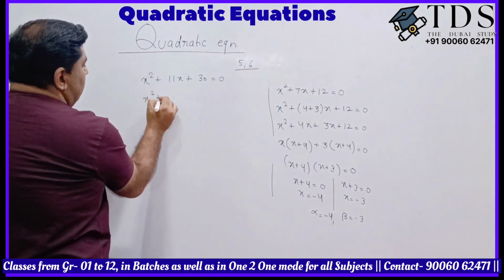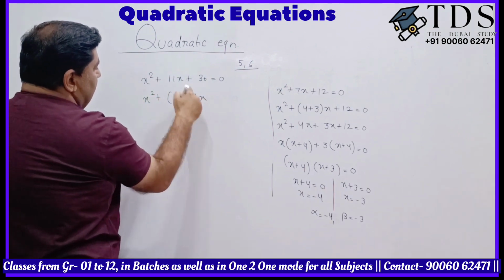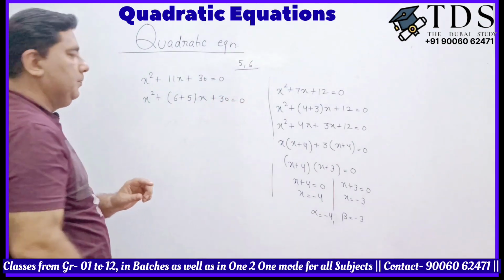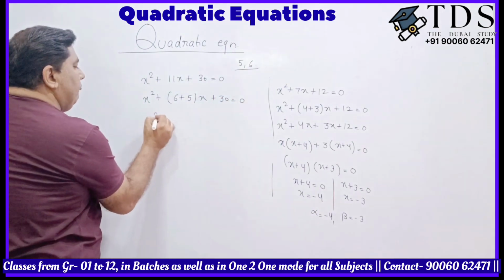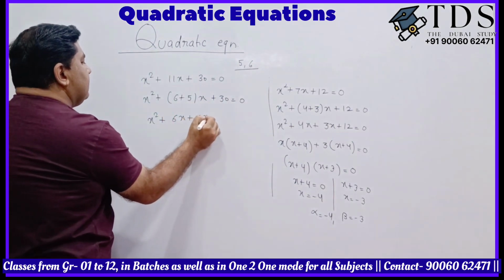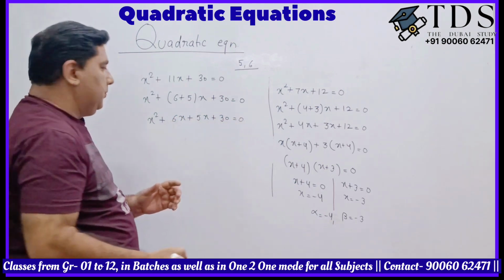Again, for 11 we can write 6 plus 5, x square same, plus 30 equals to 0. Now, if we multiply x, we get x square plus 6x plus 5x plus 30 equals to 0.